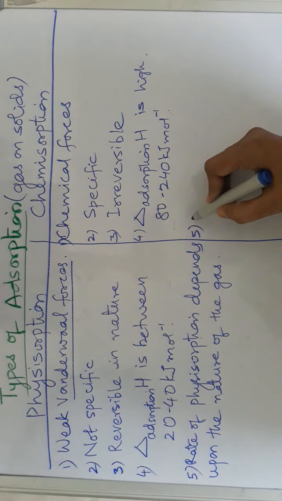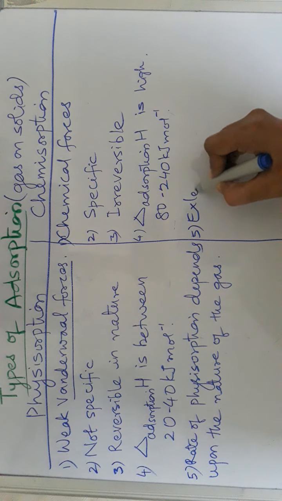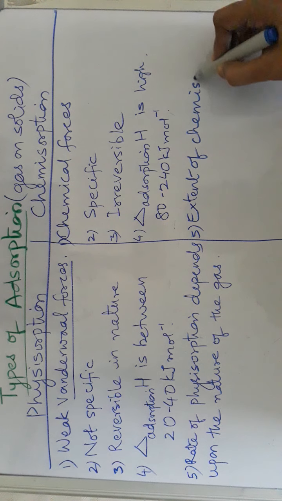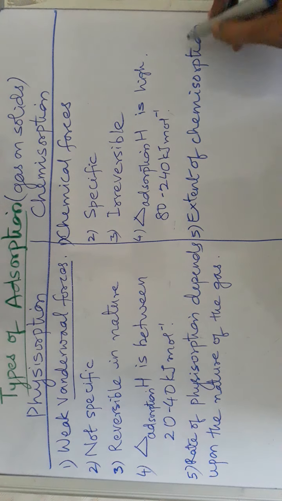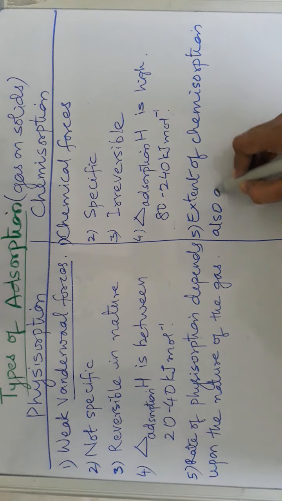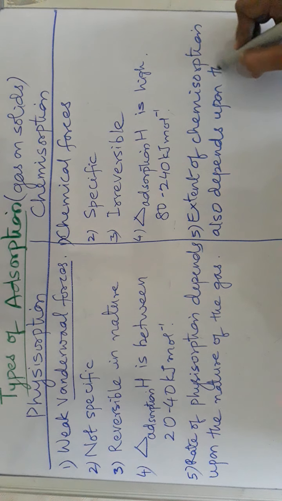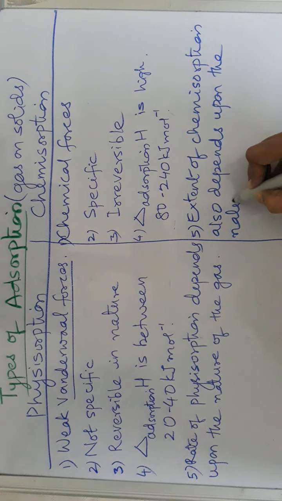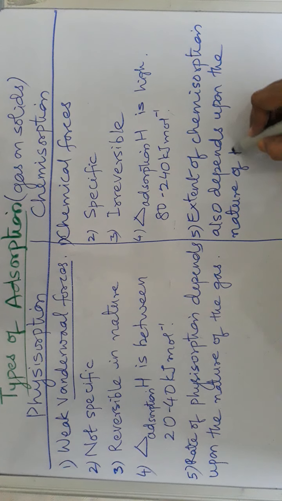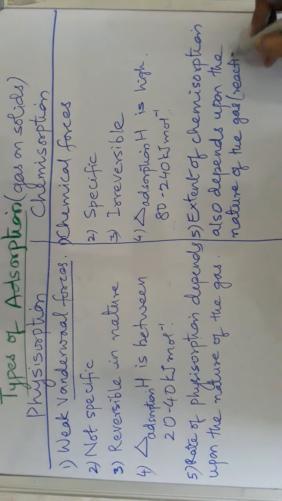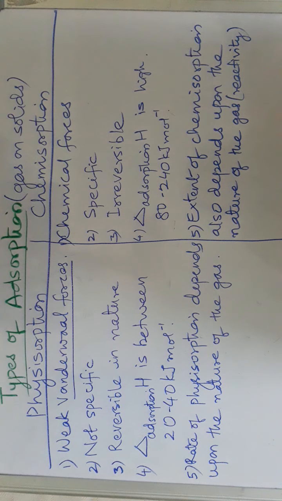So the rate or extent of chemisorption also depends upon the nature of the gas, that is the reactivity of the gas. The more reactive the gas, the more will be its extent of adsorption on the surface of adsorbent.